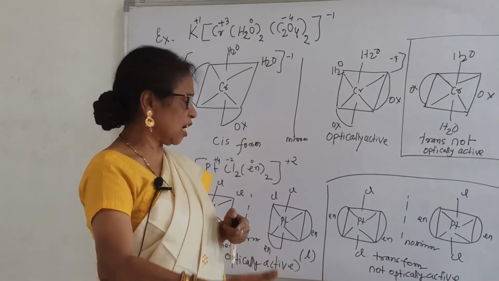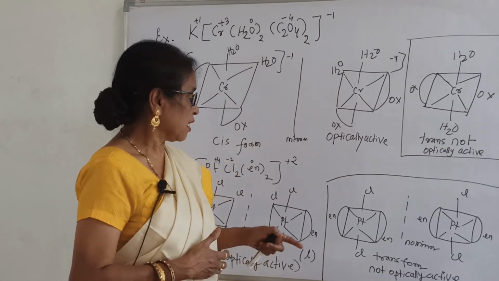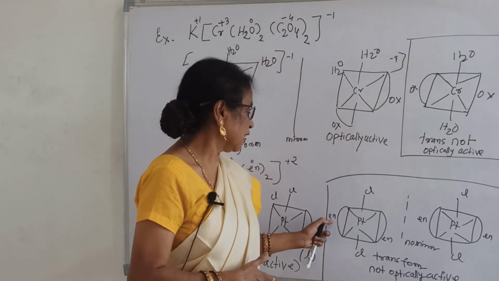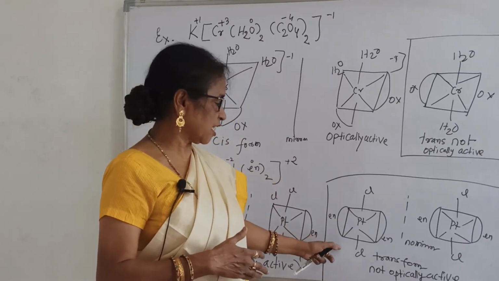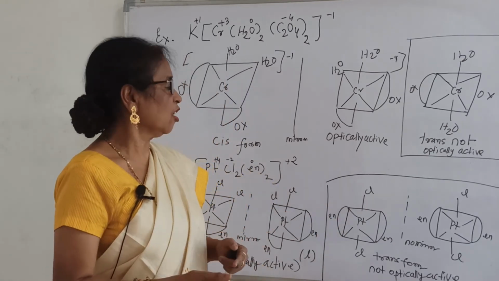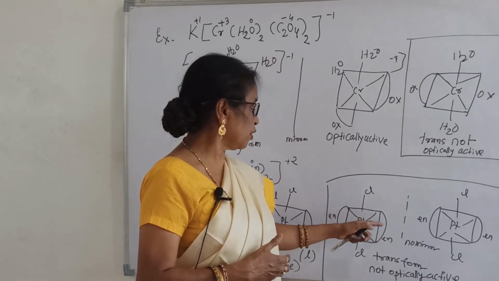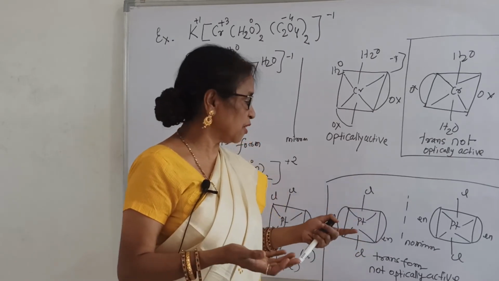But when you go to the trans isomer, what happened? In the trans isomer, chlorido ions are opposite to each other, ethylene diamine is opposite to each other. If you write the mirror here, en is already there, and chlorine also in the same position, that means the same result.